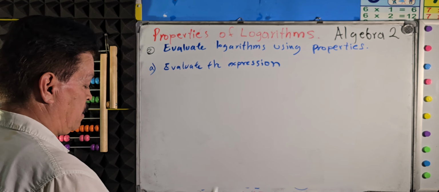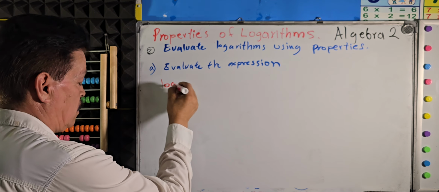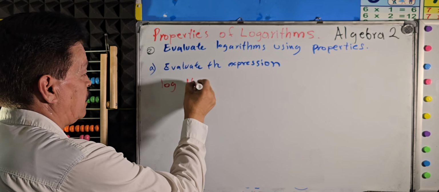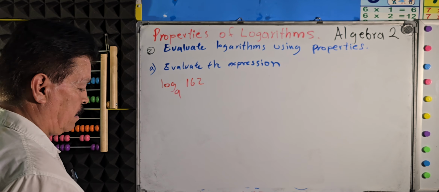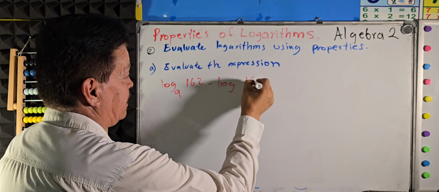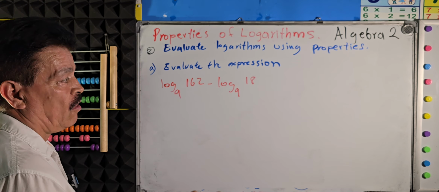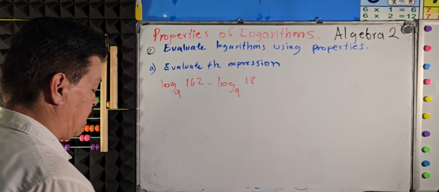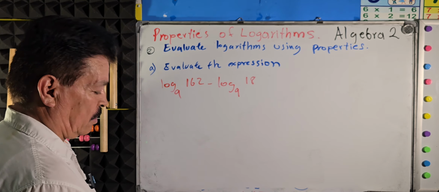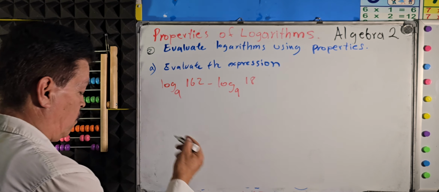Evaluate this problem: log 162 with the base 9 minus log 18 with the base 9. Okay, that's the problem. So remember, first we have to rewrite the expression as a single logarithm.